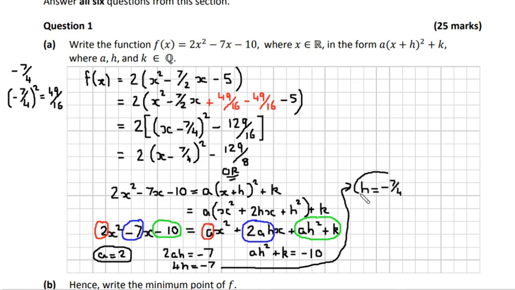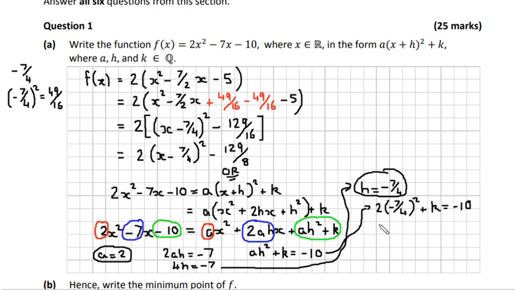So there's h found. And then equating the greens, so we're looking at this equation here. Again, we know what a is now, and we know what h is, so we can put that information here. So then 2 by minus 7 over 4 to be squared plus this k here has to equal minus 10.